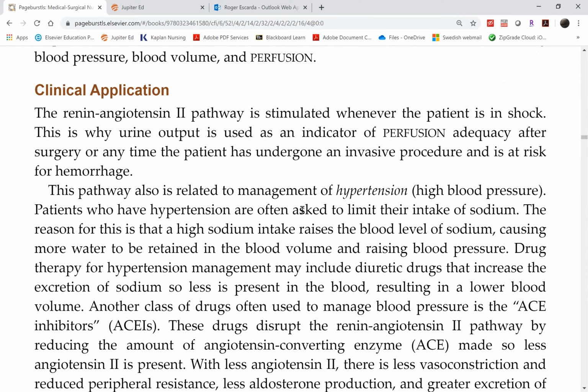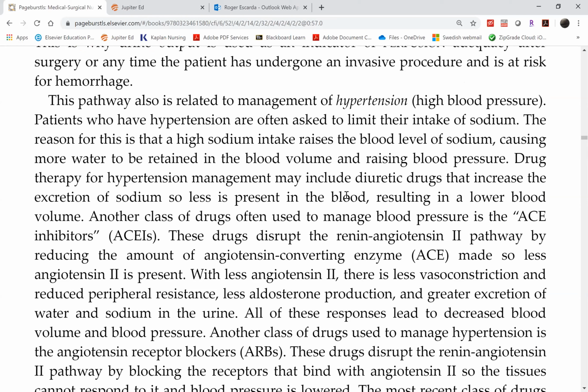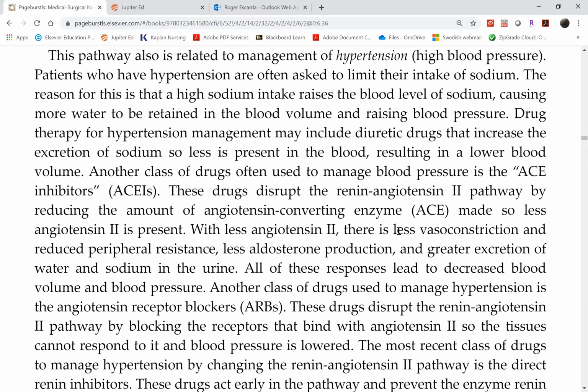So here's a clinical application. They give an example of how this affects a patient with heart failure, and why we use ACE inhibitors instead of allowing the compensatory mechanism to continue.